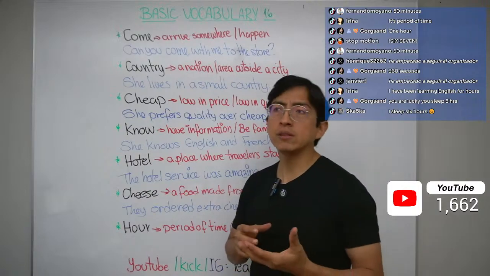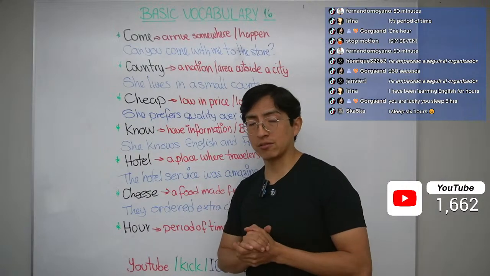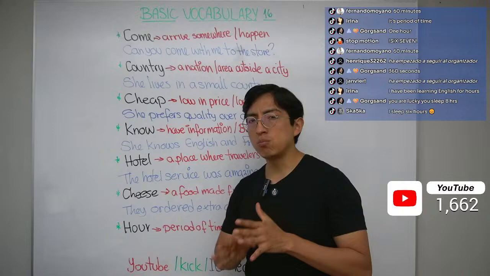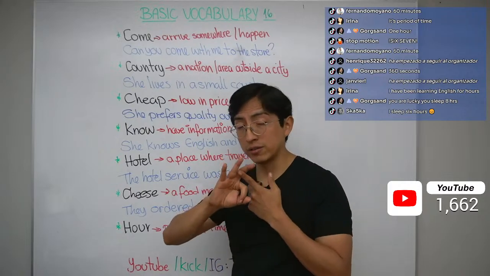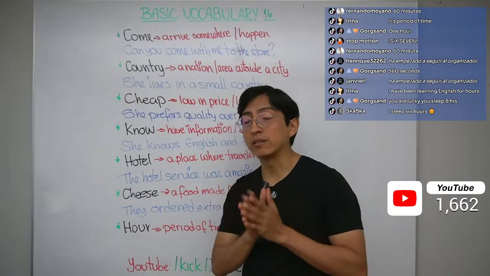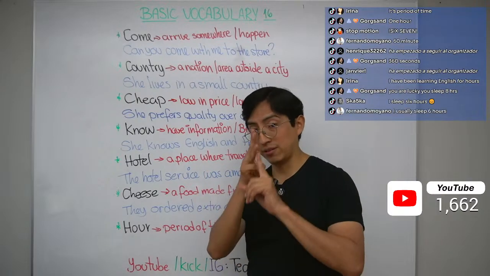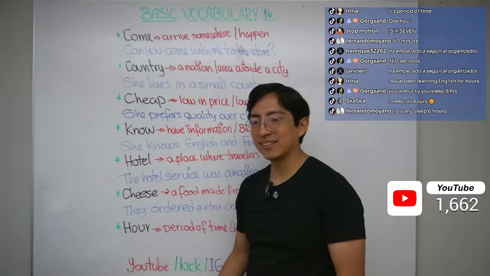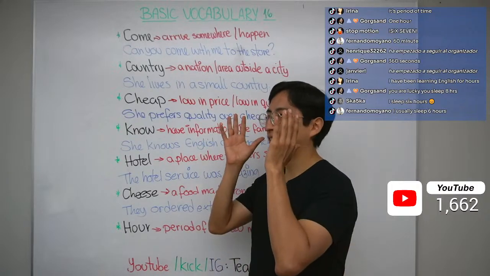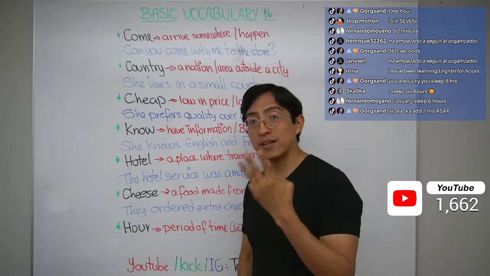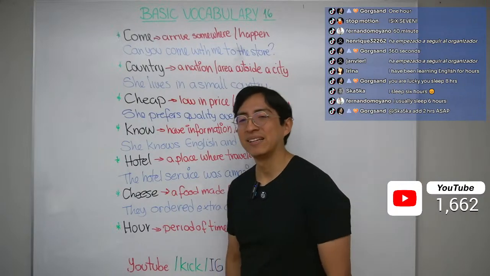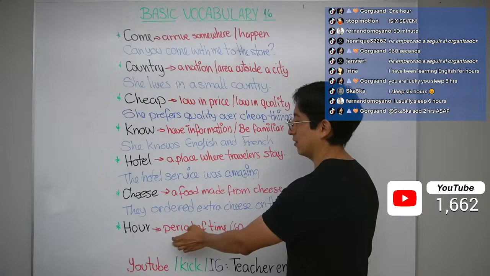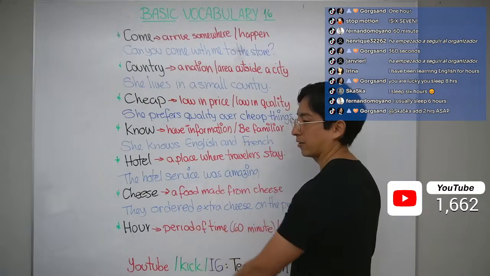There are some movies such as The Lord of the Rings, right? Each movie lasts 3 hours completely. Okay, 3 hours. Imagine sitting in front of the TV for 3 hours. It's a lot of time, right? So this is what we have in the case of hour.